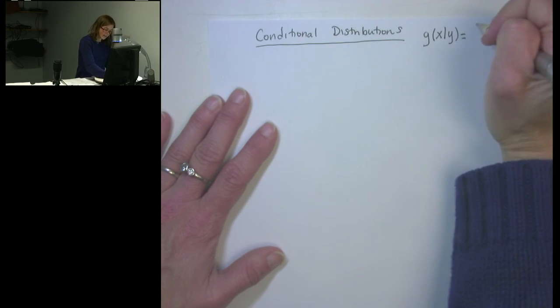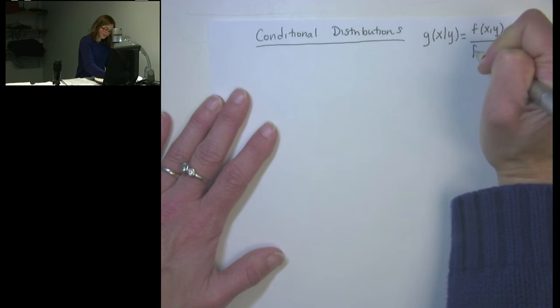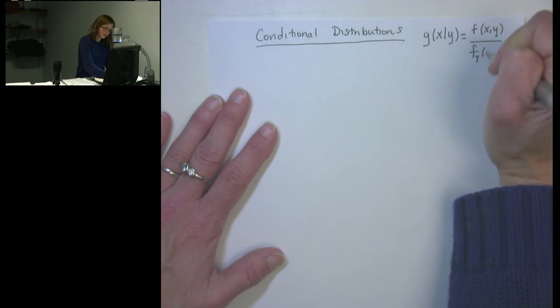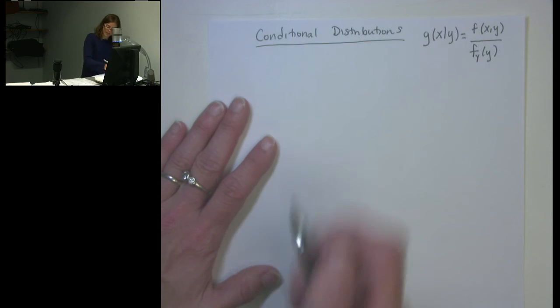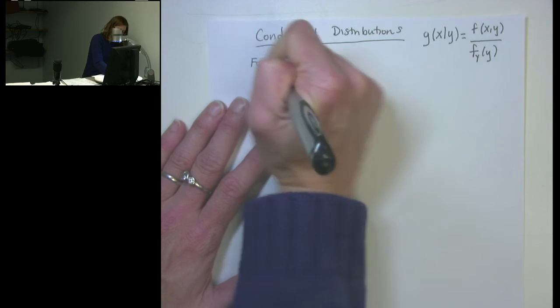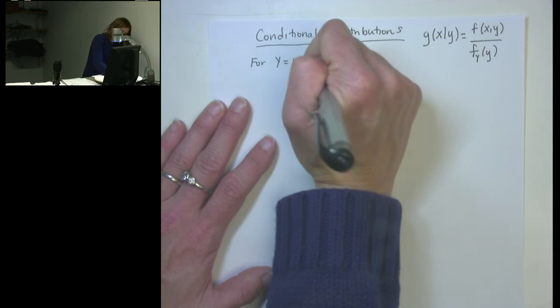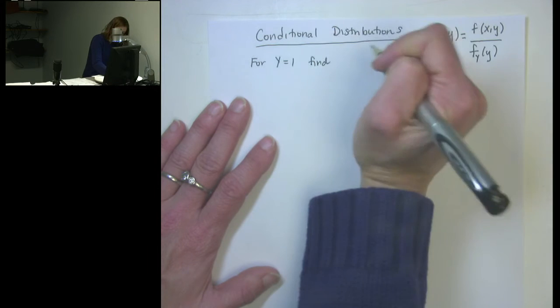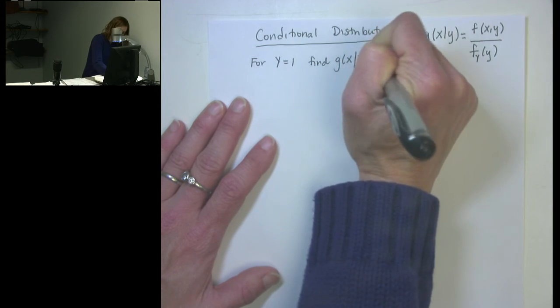We find this by taking our joint, f of x, y, divided by our marginal distribution, f sub y of y. So for instance, for y equals 1, I'm going to find g of x given y equals 1.